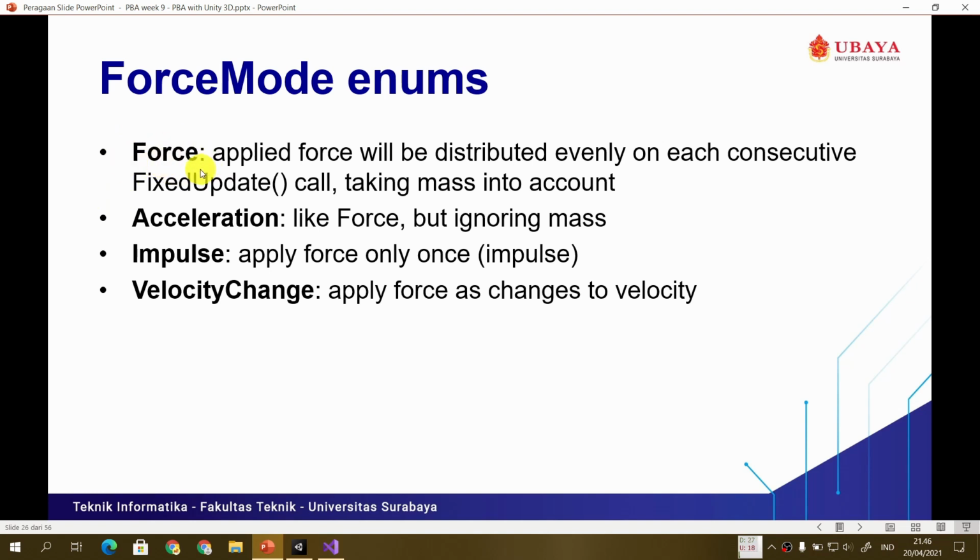If you use ForceMode.Force, which is the default value for our AddForce method, the applied force will be distributed evenly on each consecutive FixedUpdate call, taking mass into account. Acceleration, on the other hand, is like force but ignoring mass. Impulse applies force only once, which, as its name says, is an impulse. And then VelocityChange applies force as changes to velocity.